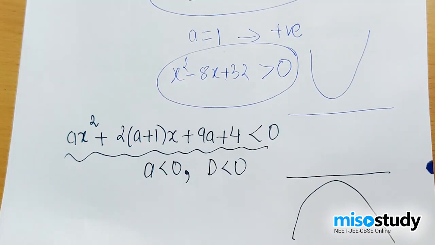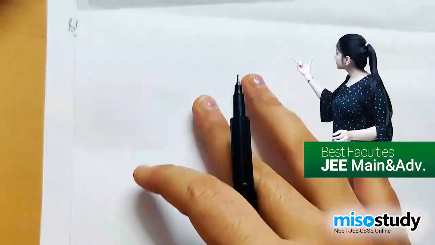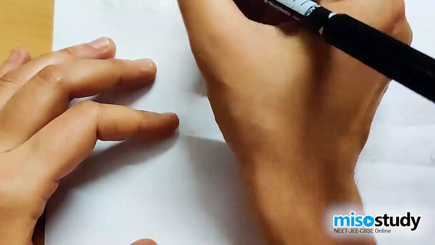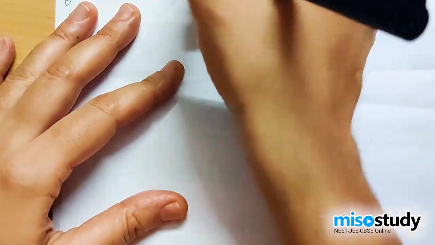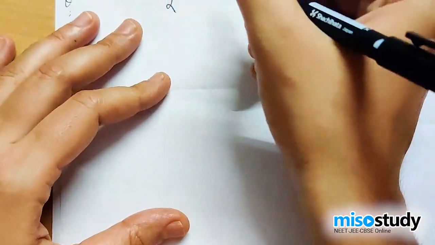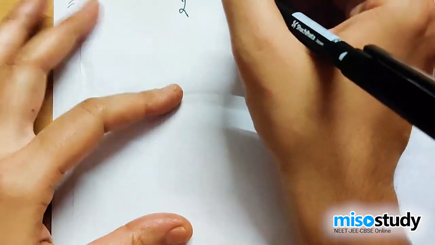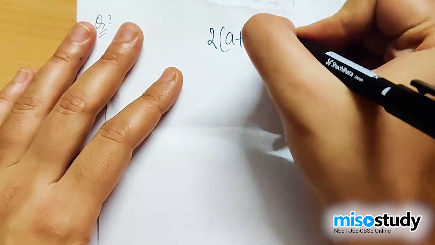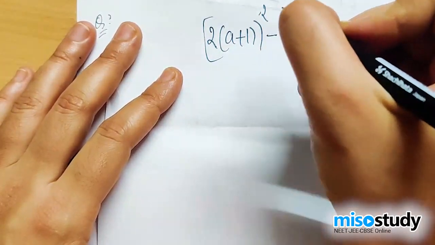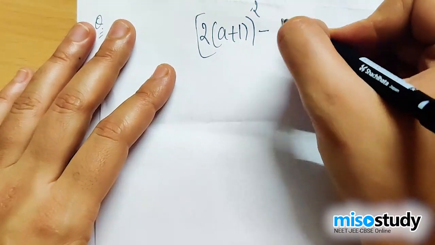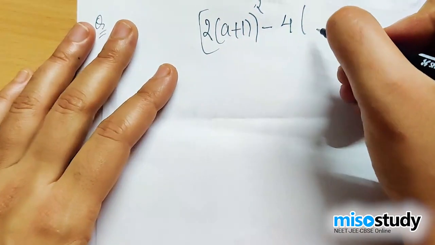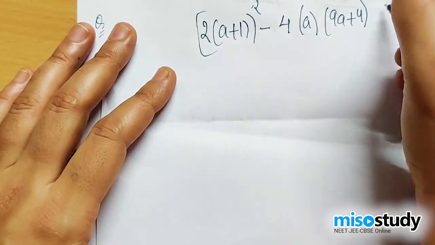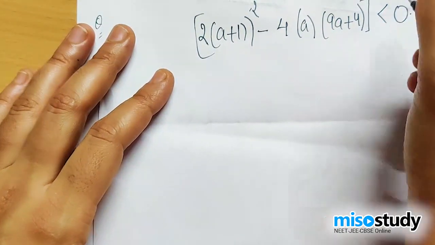So for the discriminant to be less than 0, I will have 2(a plus 1) whole squared minus 4 times a into (9a plus 4) should be less than 0.